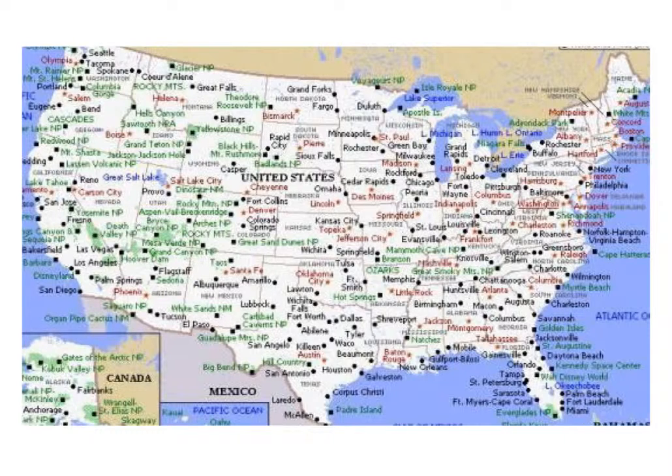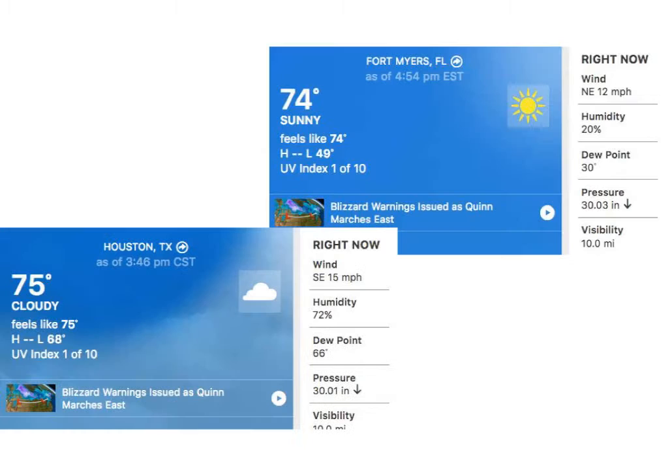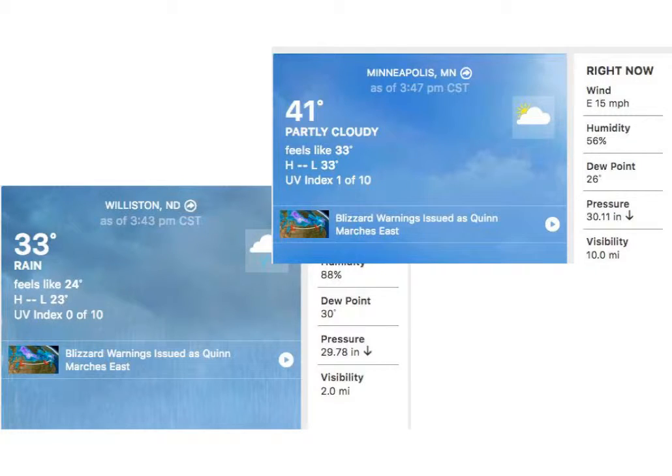They actually look at New York City, Seattle, Washington, Houston, Texas, Fort Myers, Florida, and they have to put the temperature, the air pressure, the humidity, the dew point, the wind, where it's coming from and how fast it's going for all of the major cities in the United States, like Williston, North Dakota, where my husband grew up, like Minneapolis, Minnesota, where my best friend Libby lives.